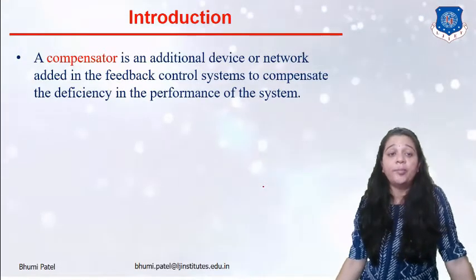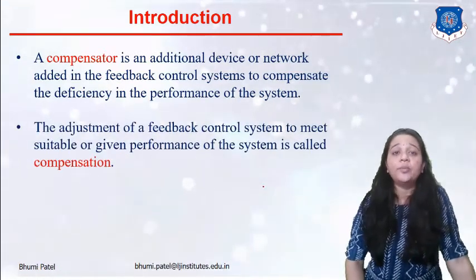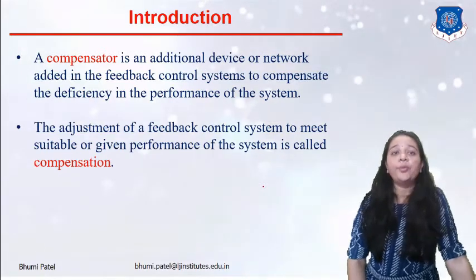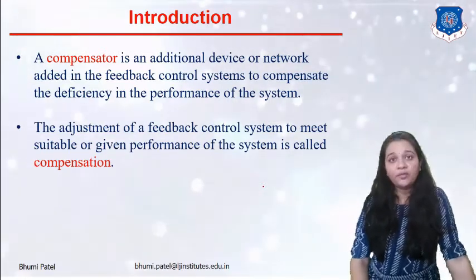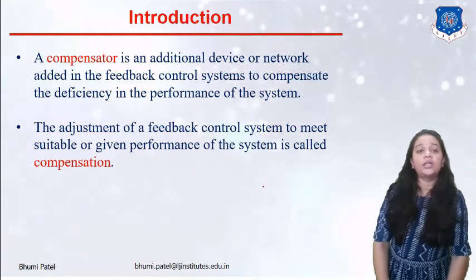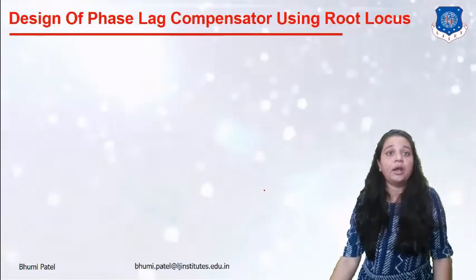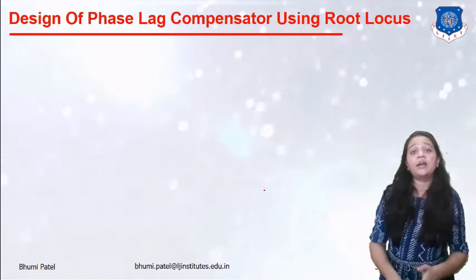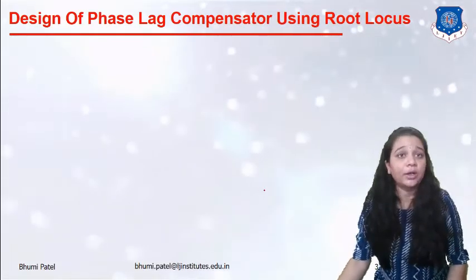Now what is the compensation? The adjustment of the feedback control system to suit the given performance of the system is called the compensation. Okay, now what is the phase lag compensator using the root locus method?